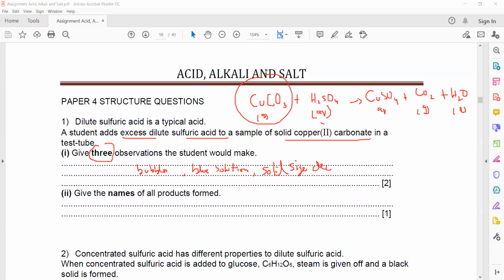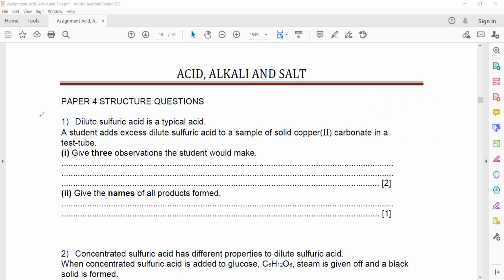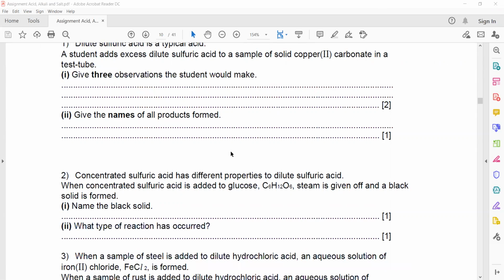Because it is reacting, when the substance is reacting, its size will decrease or reduce. Is it clear? I'll move on to another question.